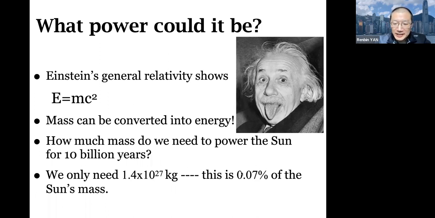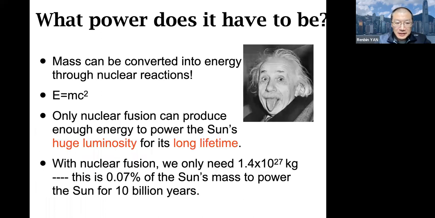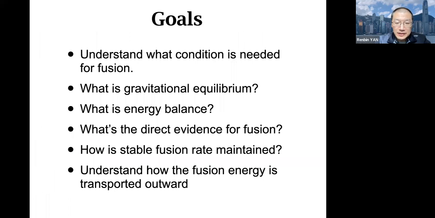We only need a tiny fraction of its mass converted to energy to power this huge luminosity of the sun for this long period of time. So only nuclear fusion can produce enough energy to power this huge luminosity for its long lifetime. And we don't need much. We only need the 0.07% to power it for 10 billion years.